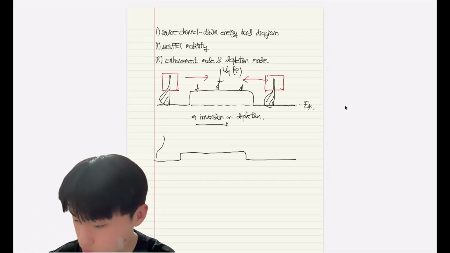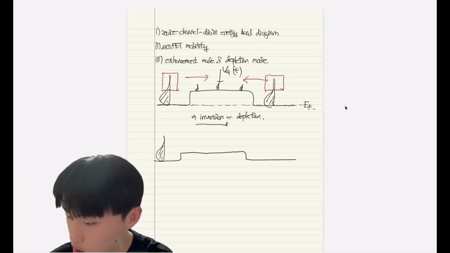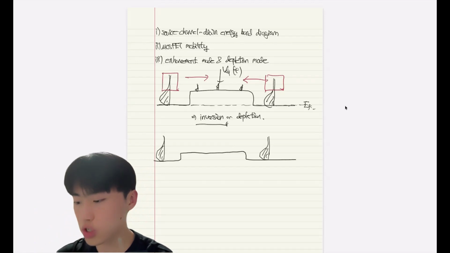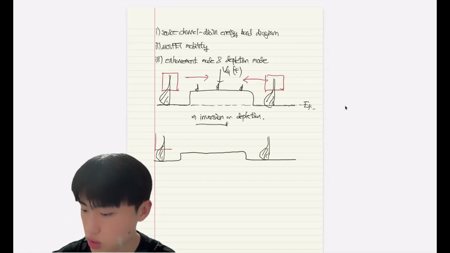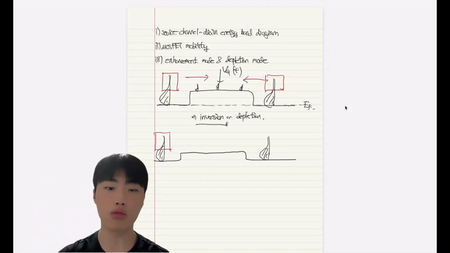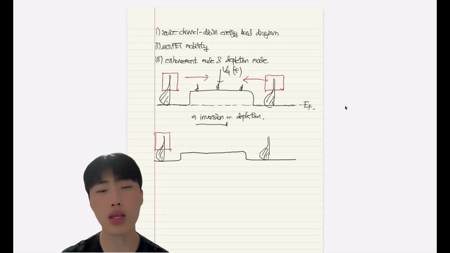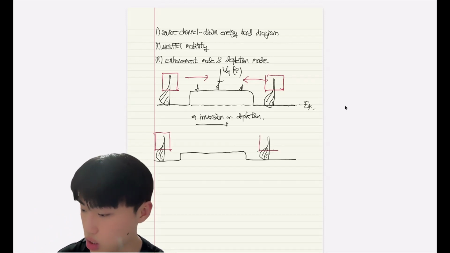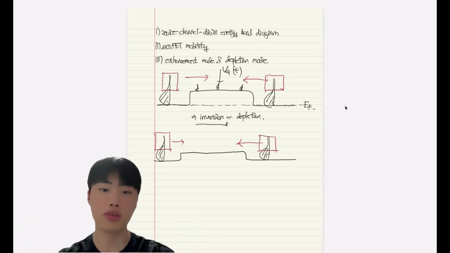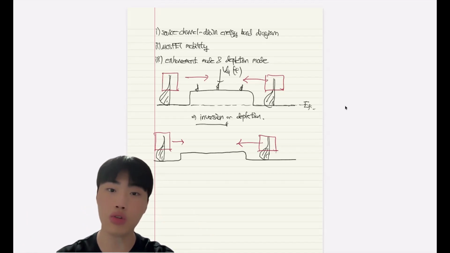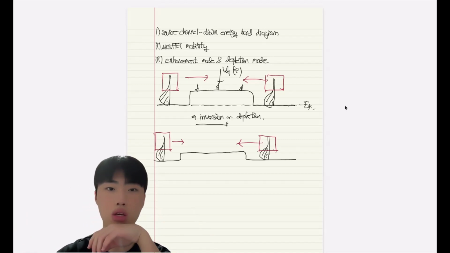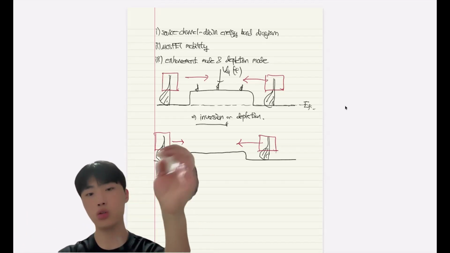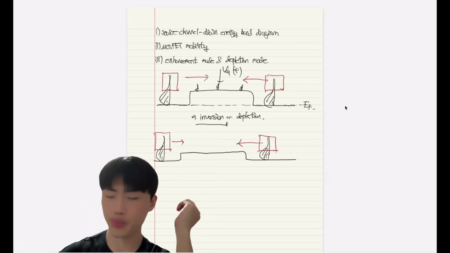So a portion of the electrons can now go very easily to the channel, but the current is not flowing yet because, as I mentioned, the same amount of electrons will go over to the channel from source to channel and from drain to channel, so the net charge will be zero.